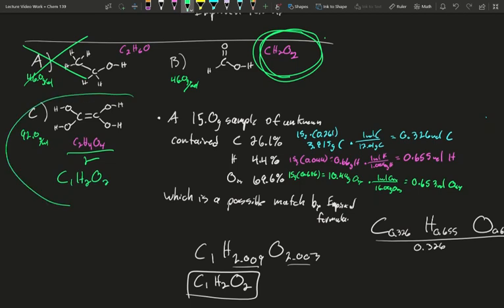So this also works for C. The percentages we get out of our 15-gram sample fit for both compound B and compound C. The empirical formula alone cannot tell us this. It does tell us that it's one of these two. We'd be left to do one more experiment to determine which of these it is.